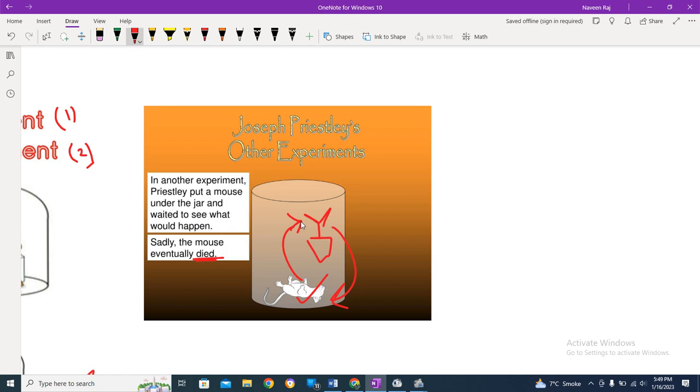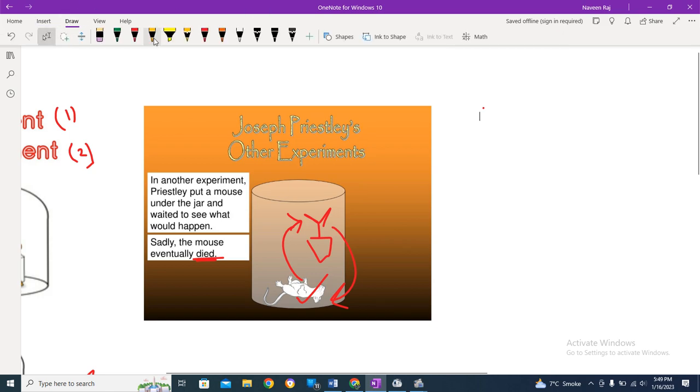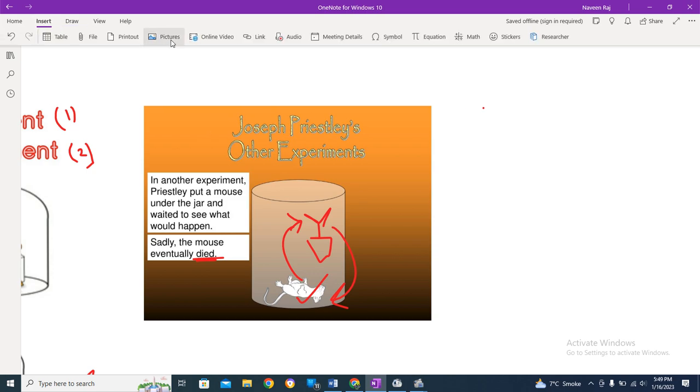Now let's move forward. Let me search for a picture if I can find one for you guys. Let me find a picture of the Jan Ingenhousz experiment.